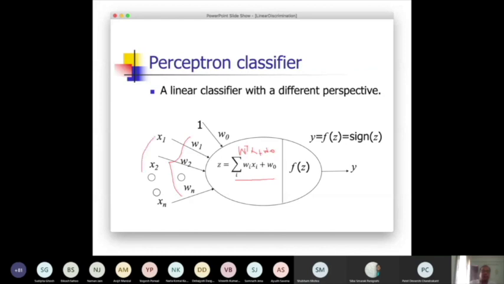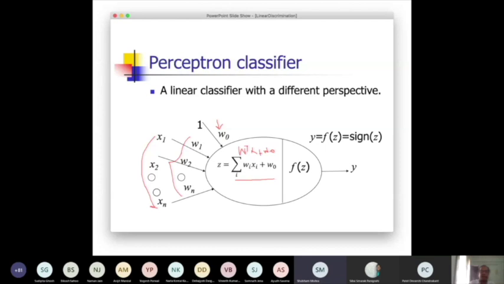Here, these are the input feature vector components. In a neural node, you are multiplying weights with the corresponding input feature attribute values, and then taking the summation of them, including this W naught, which is called the bias term in this context.